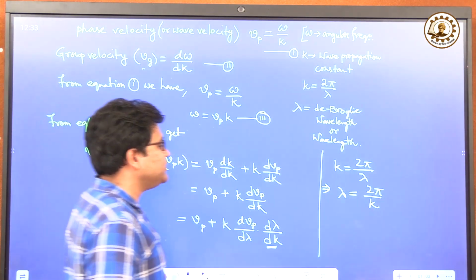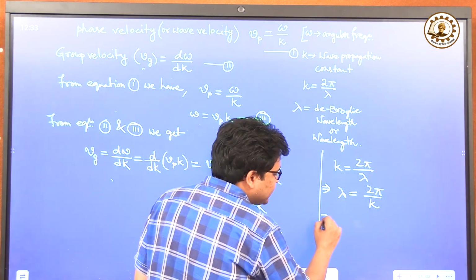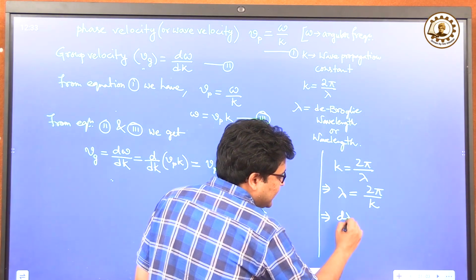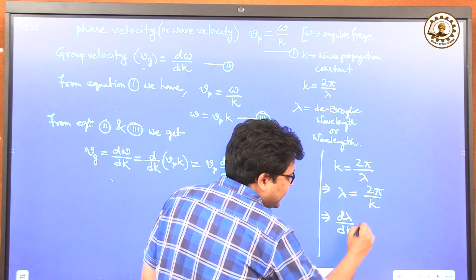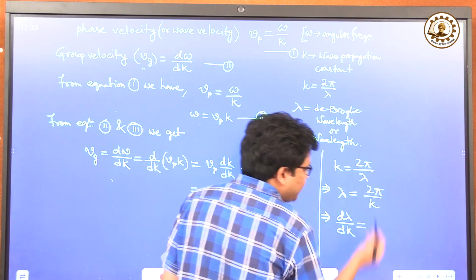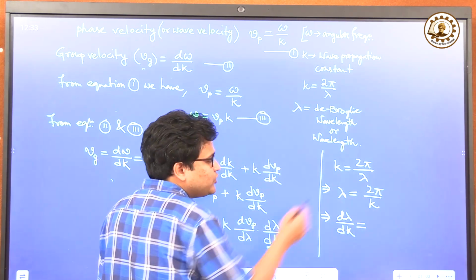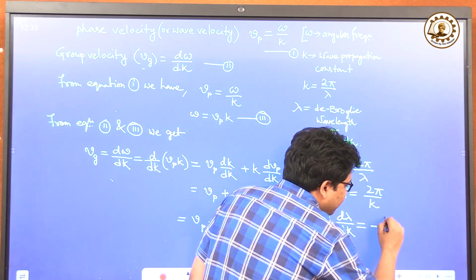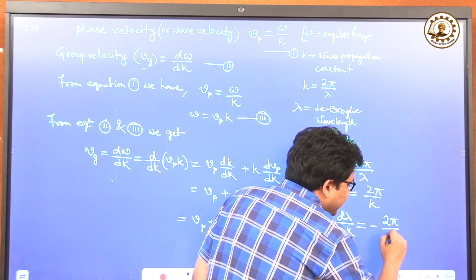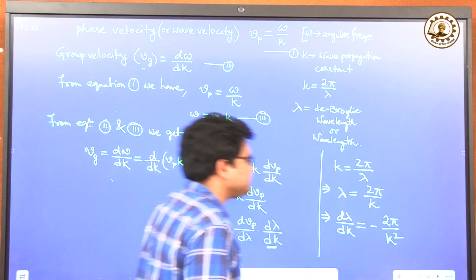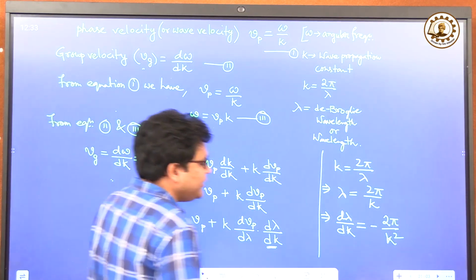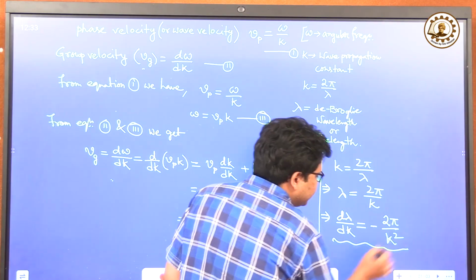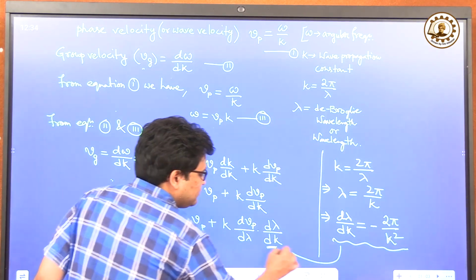Now I have to differentiate lambda with respect to k, that results d lambda by dk. That equals, 2 pi is constant and differentiation is going to act on 1 by k. So therefore we have minus 2 pi by k squared. So we need to substitute this result here.